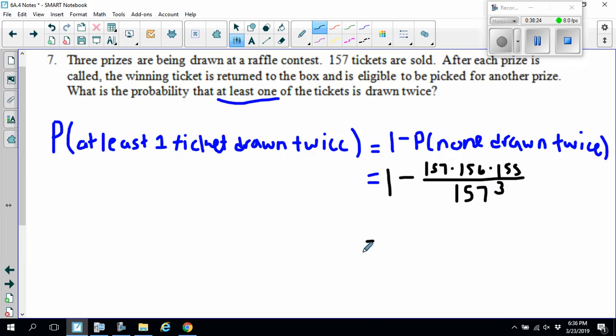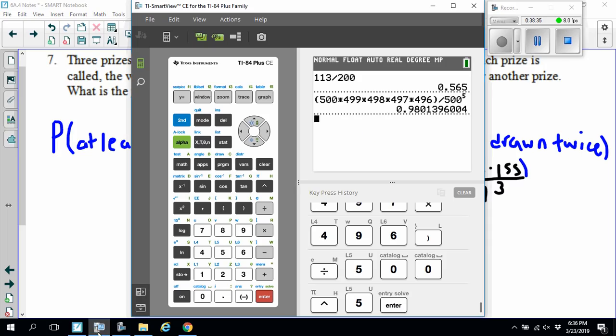And just like we did before, we're going to plug in 157 times 156 times 155 all over 157 to the 3rd into the calculator, because we'd probably rather get a decimal than a fraction. Don't forget that in the numerator, you do need to have parentheses around it. And it looks like we get 0.98.